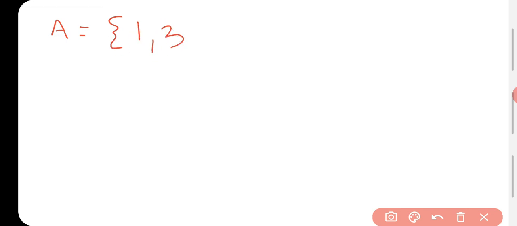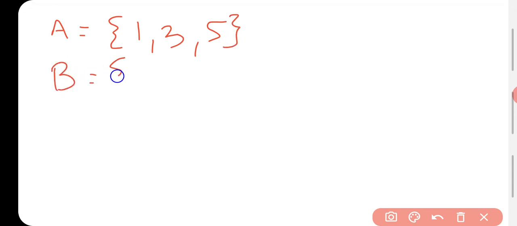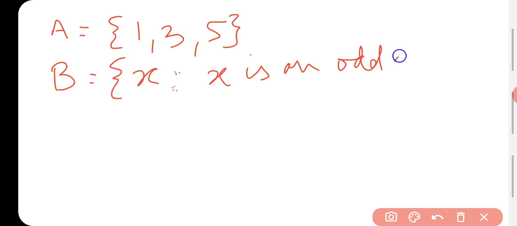Clear? Now class, let us take another example to make the concept of subset more clear. There is a set A whose elements are 1, 3, 5. There is a set B which is given in set builder form: x such that x is an odd natural number.